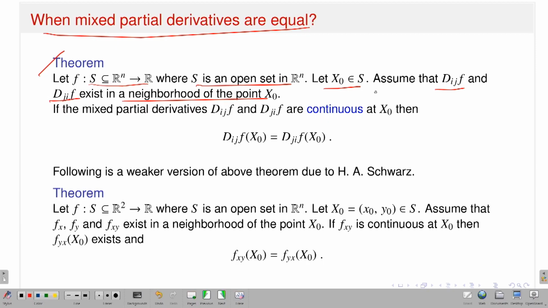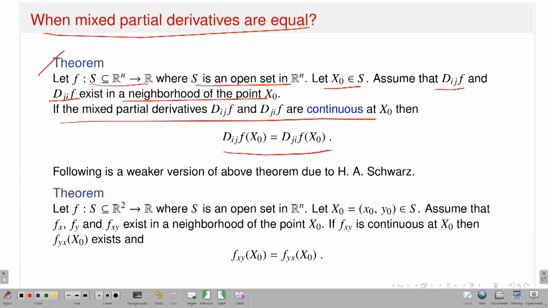Not only that, if the mixed partial derivatives are continuous, that is an extra assumption, then I can always say that yes, their values will be equal.